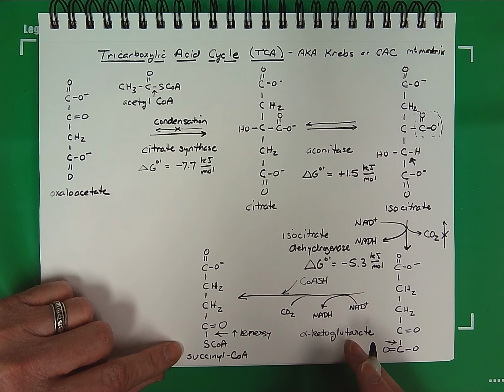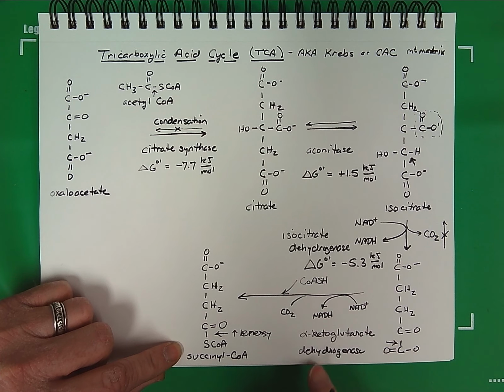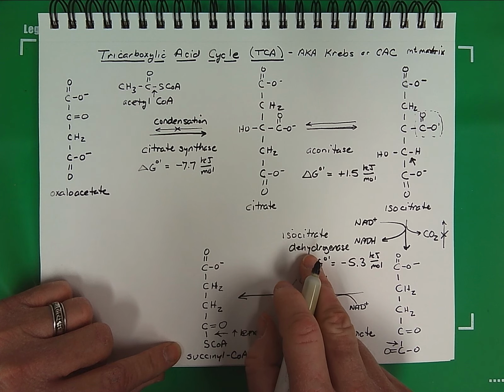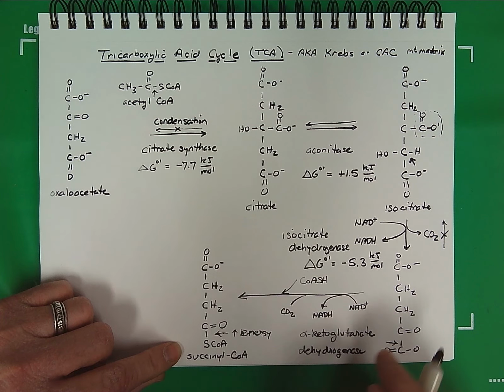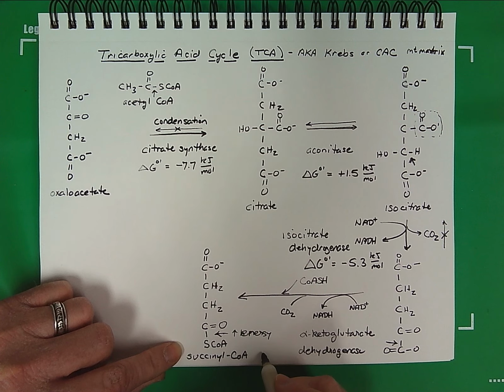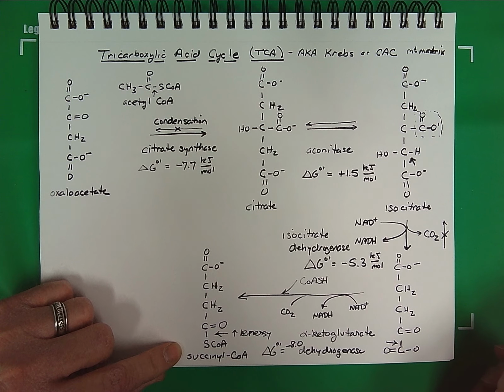The enzyme that performs this reaction is alpha-ketoglutarate dehydrogenase. And as you can imagine, like the previous dehydrogenase enzyme, this is going to be an irreversible reaction. The delta G prime 0 equals negative 8.0.